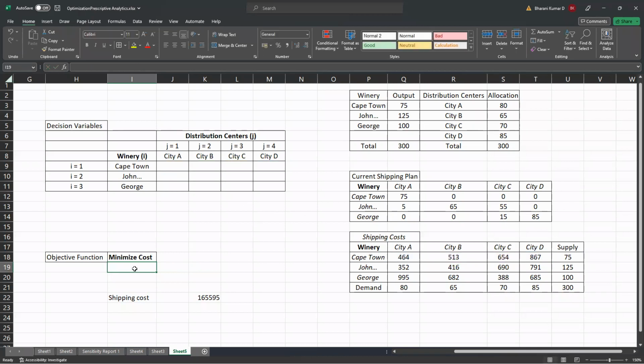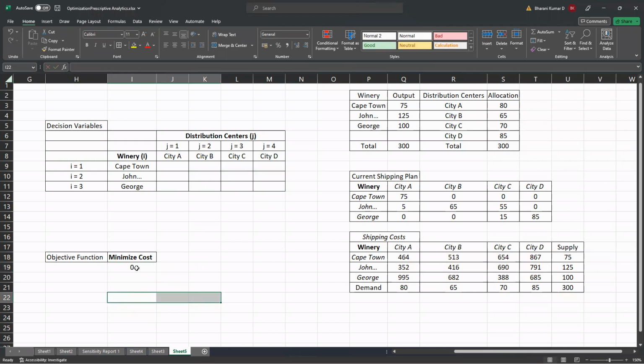So an easy way out is to use SUMPRODUCT in Excel. I want to multiply all of these, comma, with all of these prices. Job done. Why did you get 0? Because initially we're not putting anything here, we're just letting it remain blank. So this happens to be our objective function.